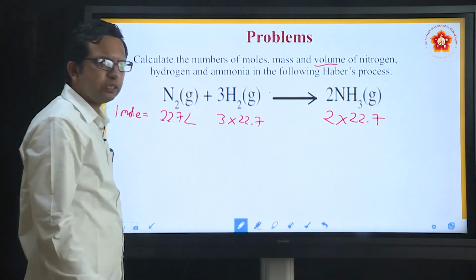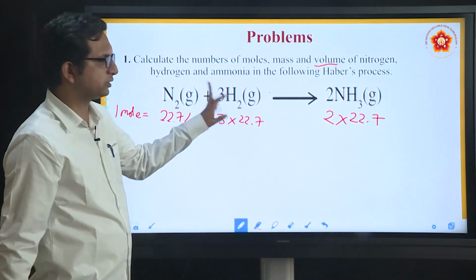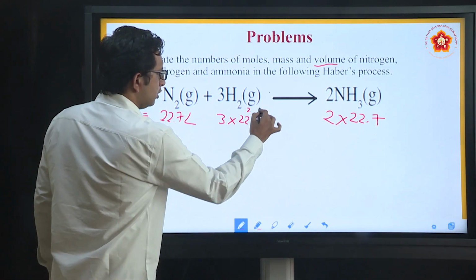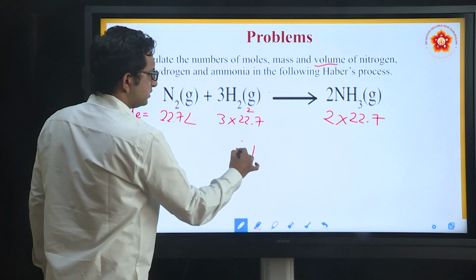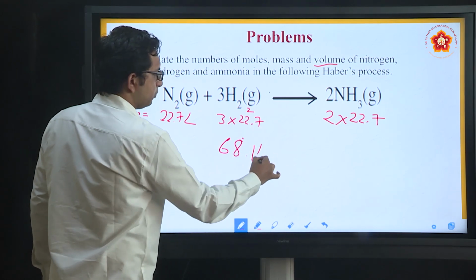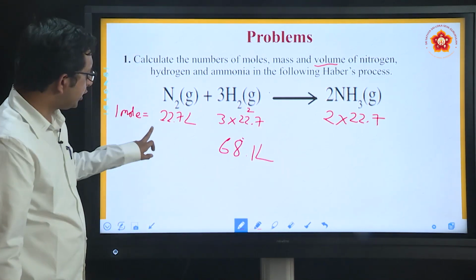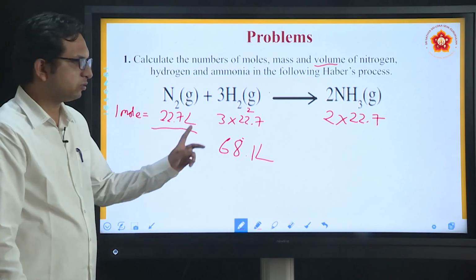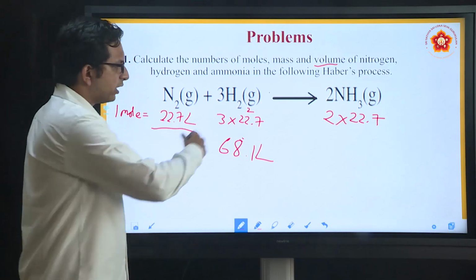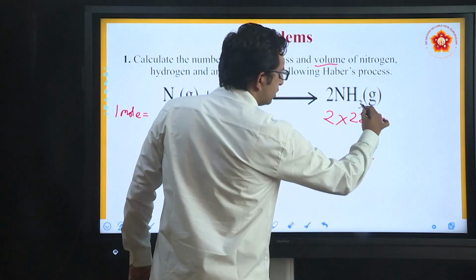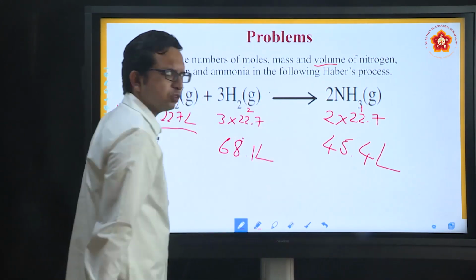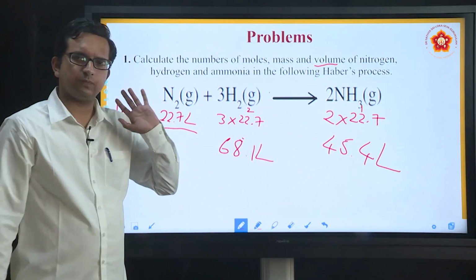So everything depends on the balanced chemical reaction and the moles that you consider. What is the calculation for this? 3 into 22.7 is 68.1 liters. So when you take 22.7 liters of nitrogen, you need to take 68.1 liters of hydrogen. When you take these two, that is when you get 2 into 22.7, which is 45.4 liters of ammonia gas.